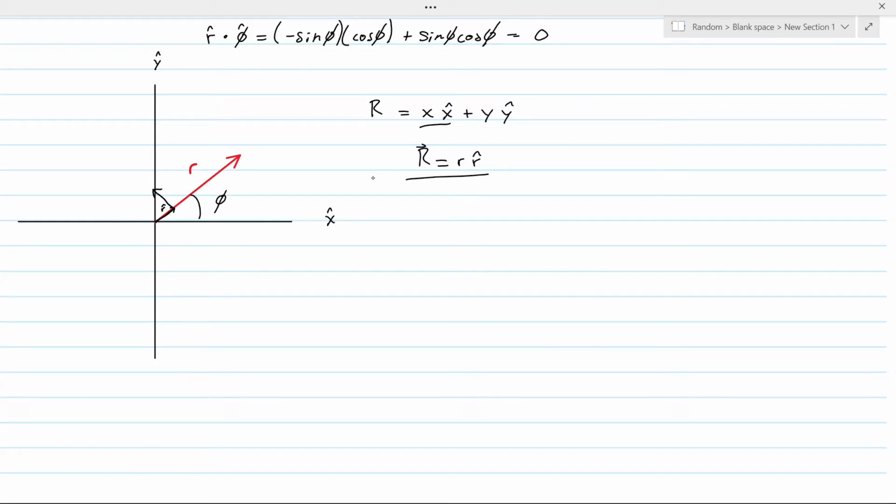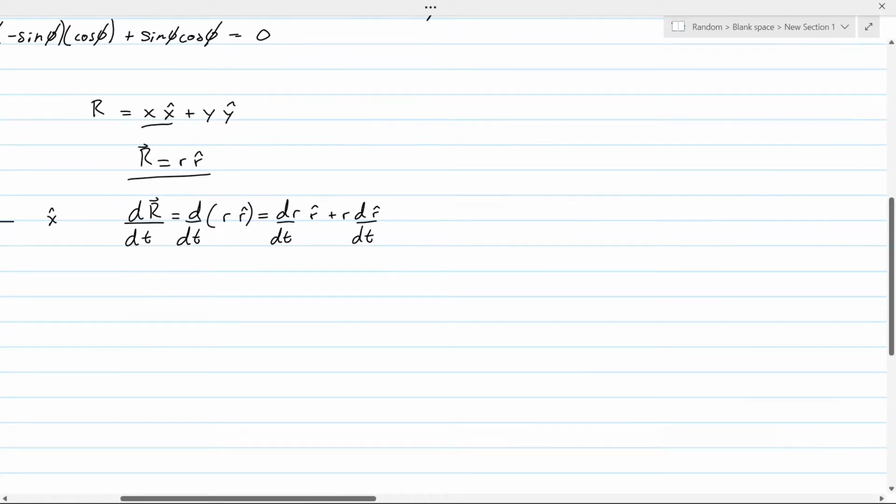Starting with this equation, we will take a time derivative. Here is the product rule. Okay, now the next thing we need is to apply the chain rule.